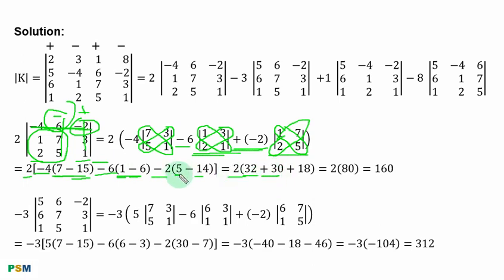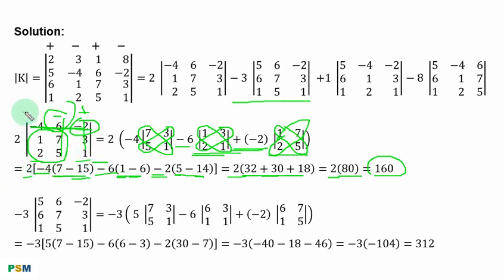You come here, 5 minus 14 is -9 times -2. You have plus 18. 32 plus 30 plus 18 is equal to 80 times these 2. You have 160.